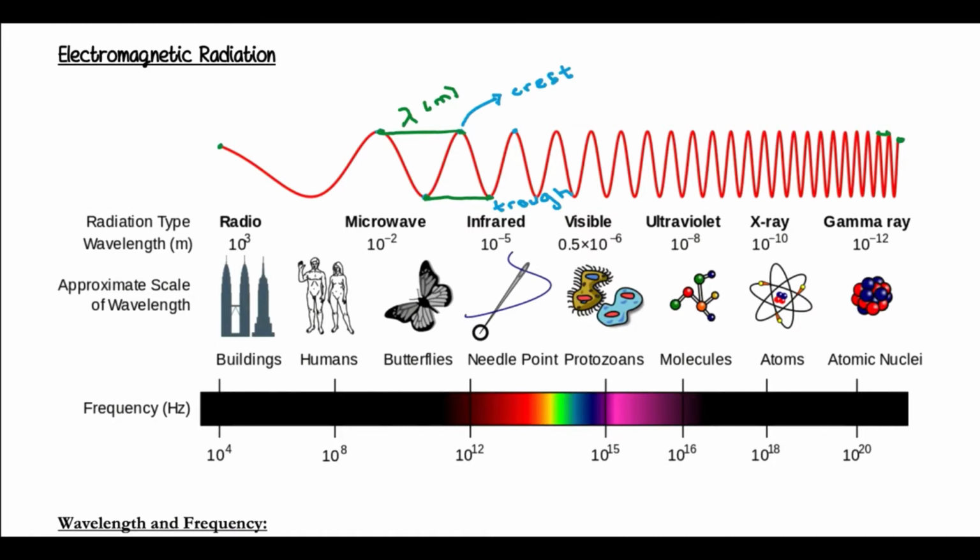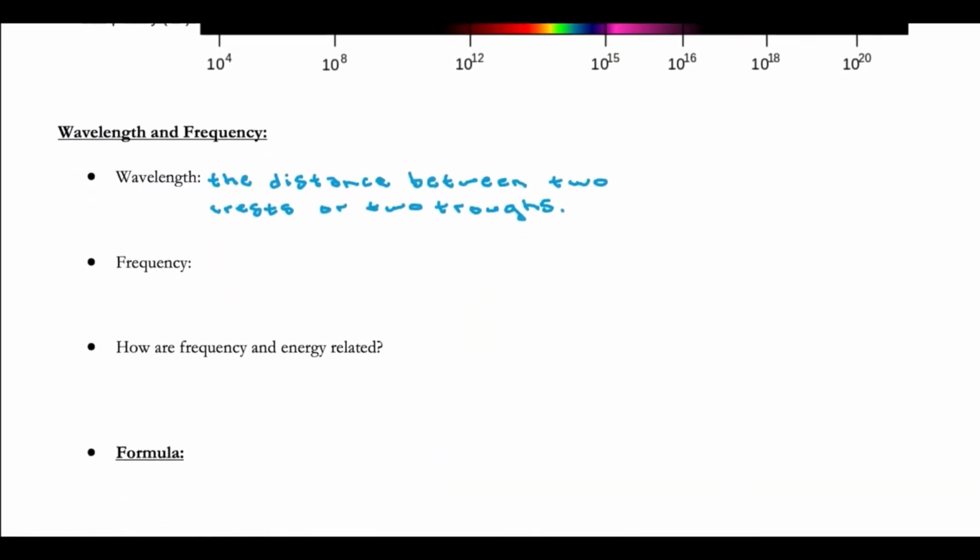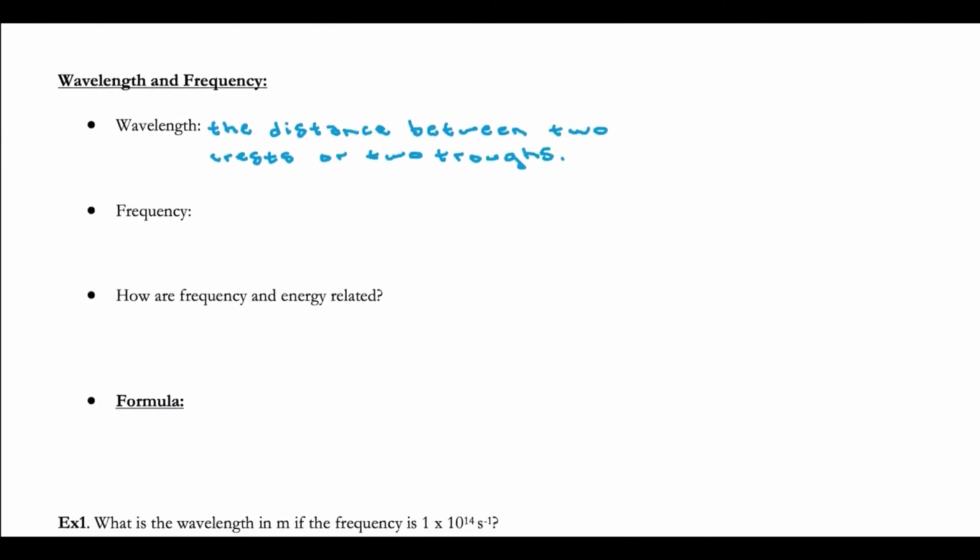So that's wavelength. Let's talk about one other characteristic of electromagnetic radiation that we're going to talk about today, which is frequency. Now, frequency is the number of times a crest passes a point in 1 second. So let me write that out and then explain.